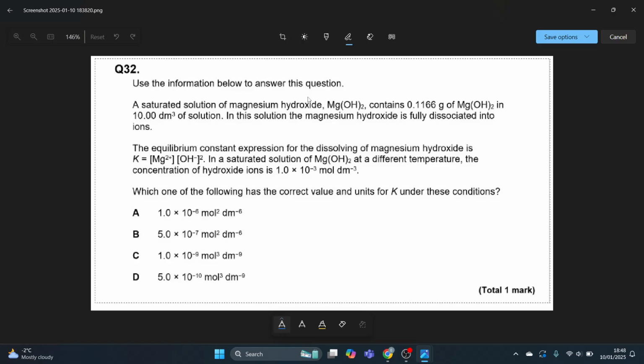I want to find out K, so I need to find out the Mg2+ ions. Obviously, magnesium hydroxide splits into Mg2+ and 2OH-. But how do I find out the concentration of Mg2+? Well, I can find out the concentration Mg, OH squared, and then I can do.